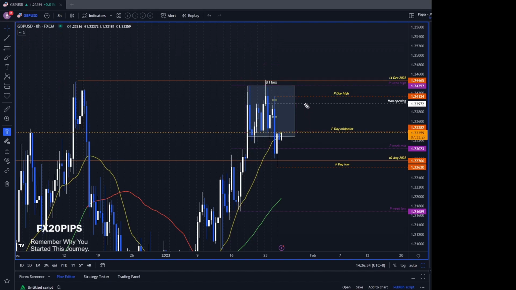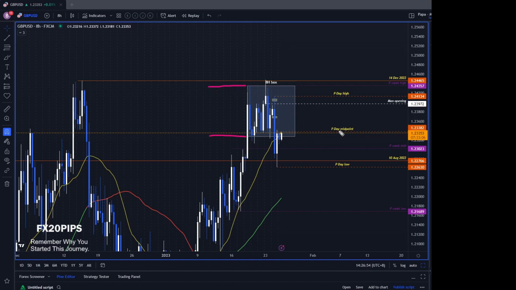What we have for yesterday was the GBP news, which wasn't very good in their favor, and that's why you see this big bearish candle drop all the way down, outside of this 8-hour box that we had.